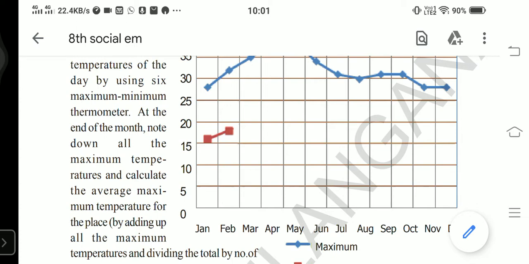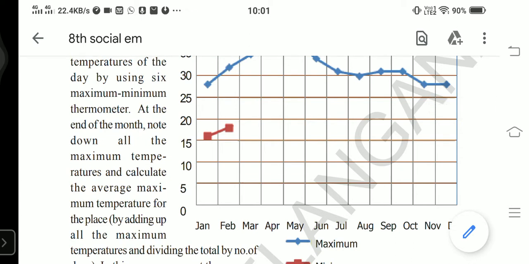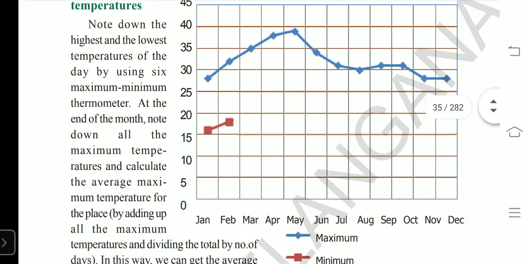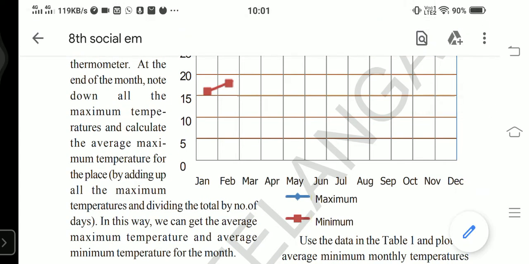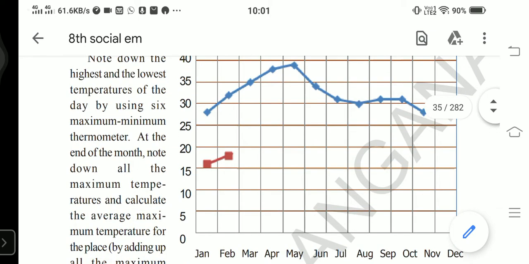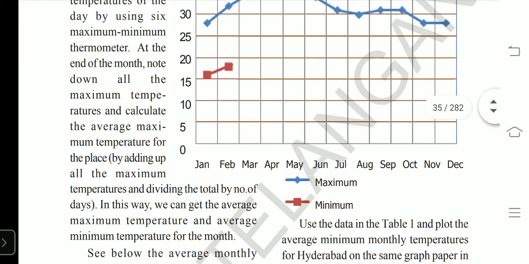Understand? So like this, taking the temperature of one place from January to December, summing up all those and dividing by the number of months, we get the average maximum temperature for a place.